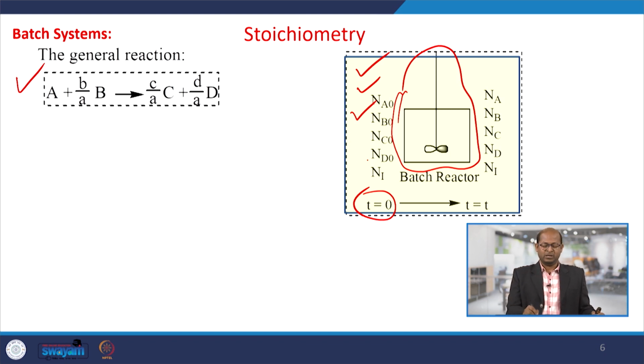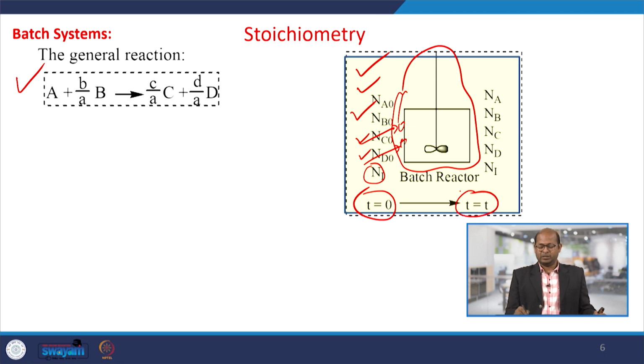Similarly for component D, or otherwise we can consider it as 0 at the beginning. And if an inert component is present, for example in a gas phase reaction where nitrogen is sometimes used as a carrier gas, that quantity is also important: how many moles of inert were used. It would not take part in the reaction, but we should mention it.